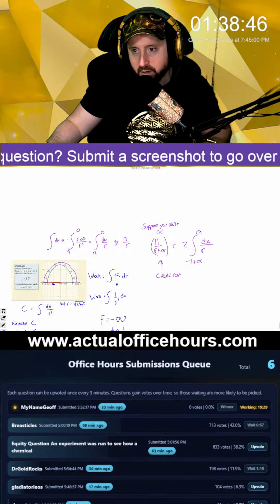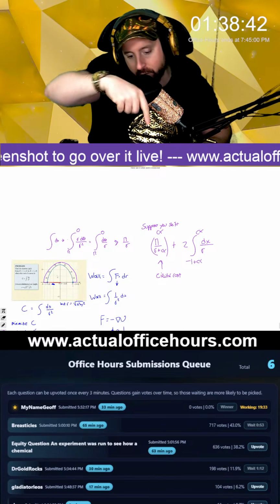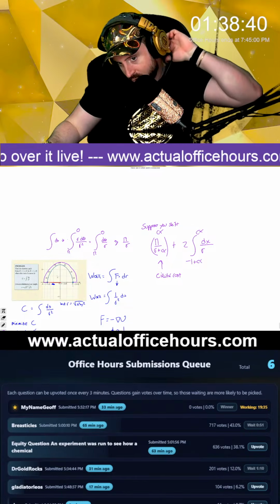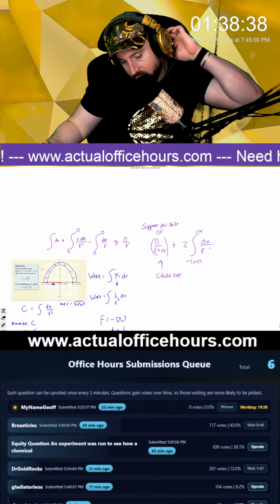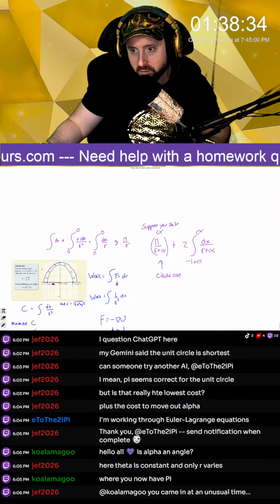No, alpha is just like if you were to extend out a little bit further and then rotate around. And then this would be r plus alpha squared.